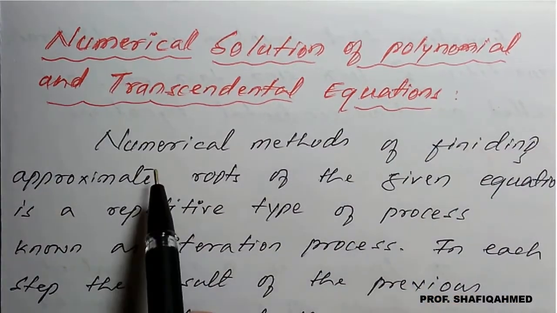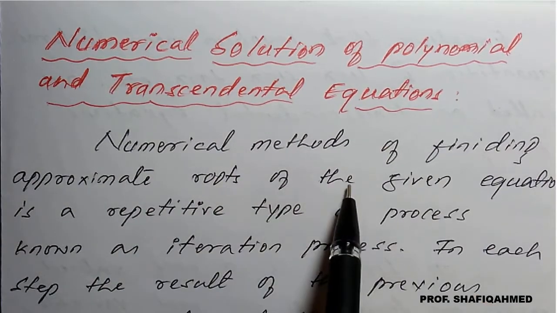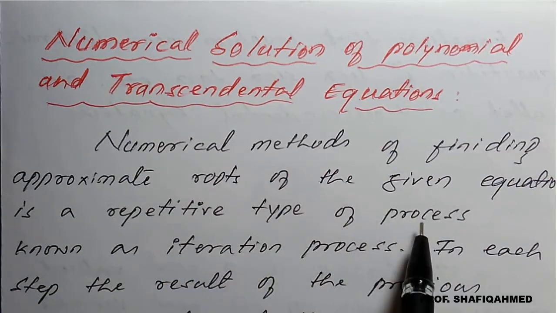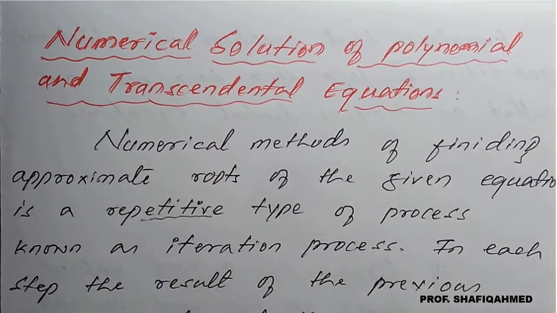Numerical methods of finding approximate roots of the given equation is a repetitive type of process. What do you mean by repetitive here? To get a solution accurately, we repeat a procedure again and again to get a result more accurate to the original result.